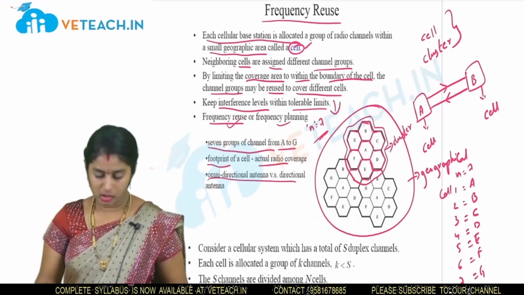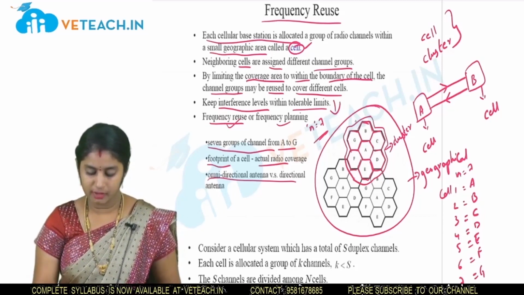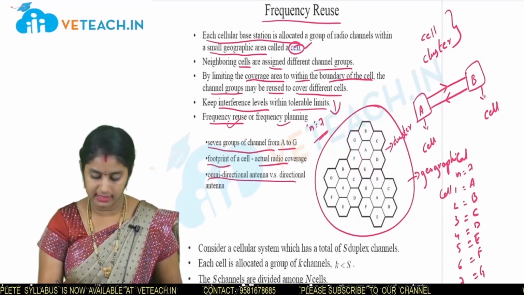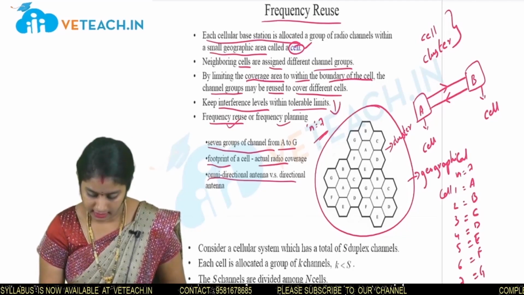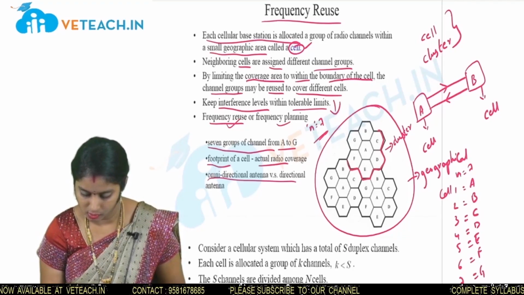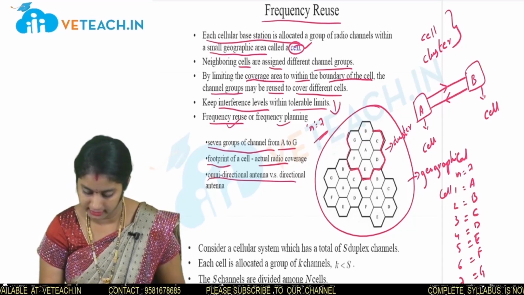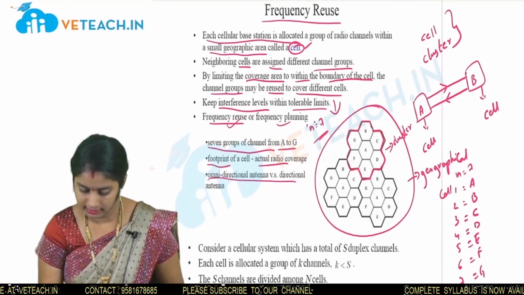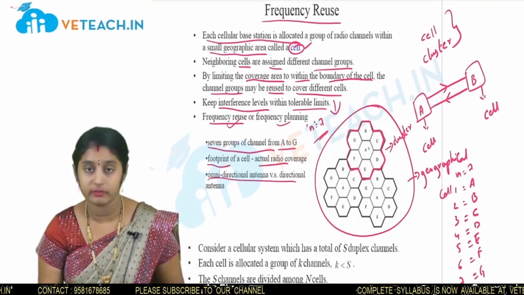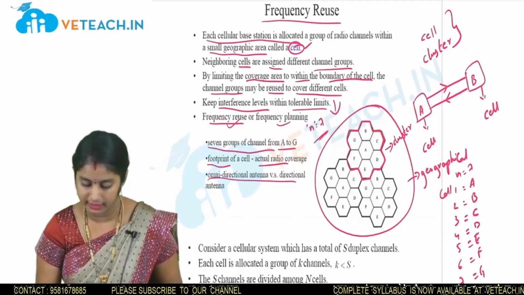Clear? So like this, different numbers of cells are attached neighboringly, and this is one cluster. Clearly you can see the shape of the cluster. Now I am drawing the outline of one cluster. Inside this boundary line we have different numbers of cells combined with each other.